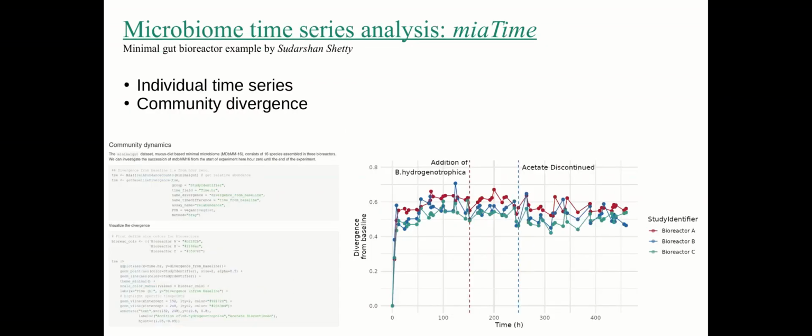Microbiome time series analysis is also a common task, and the miaTime package provides some tools for the analysis of individual time series and their visualization, as well as community divergence analysis. The miaTime package complements the tools in mia, which are for more standard manipulation without time series.